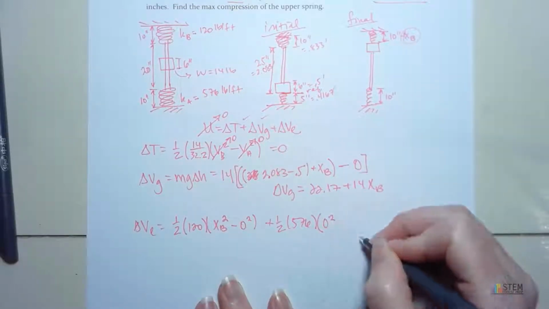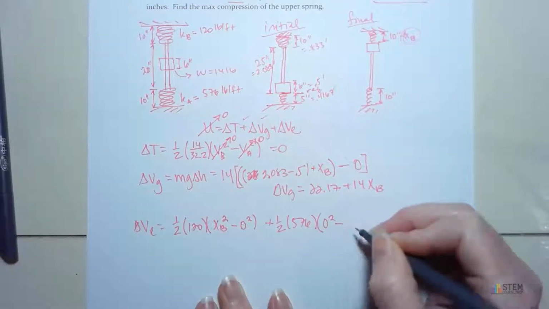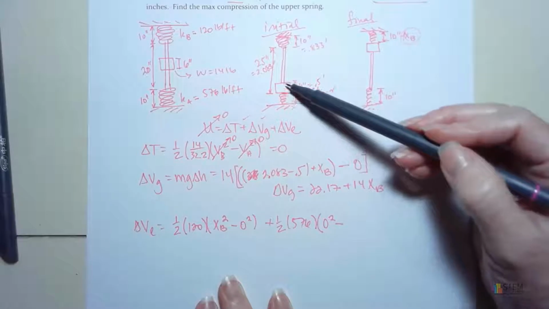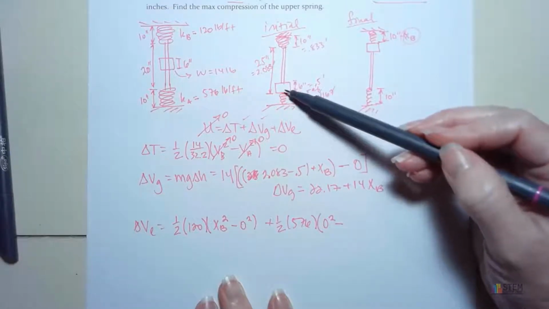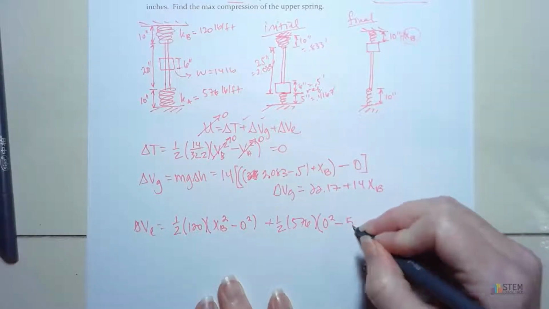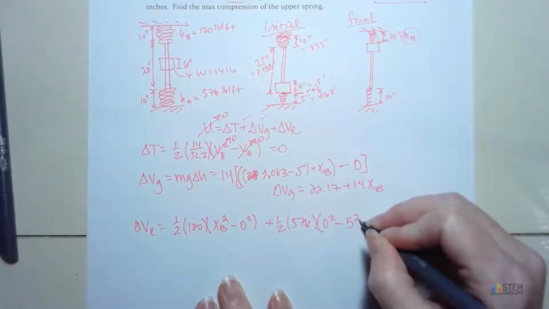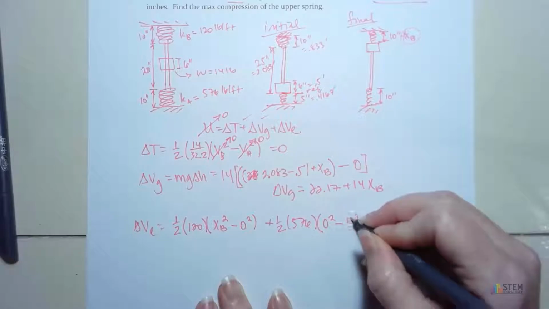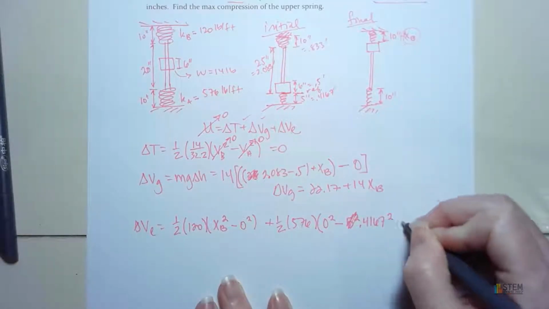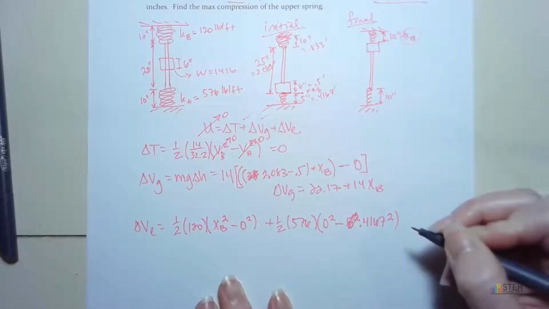So that's 0. And then we subtract the initial compression. Remember it said the slider initially had compressed this spring 5 inches. So here we're going to put 5 squared. Actually, we don't want 5. I keep writing it in inches here. It's going to be 0.4167 squared. All right. So now you got that.